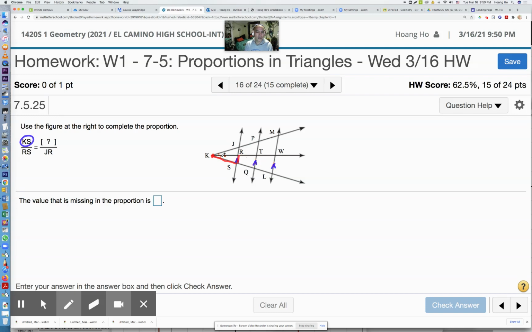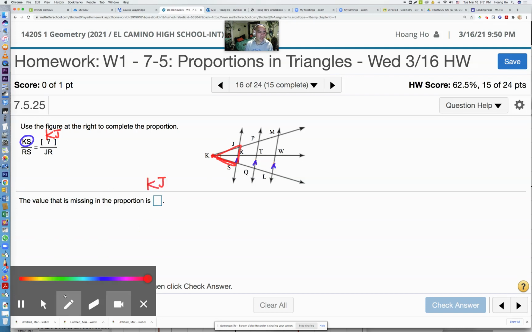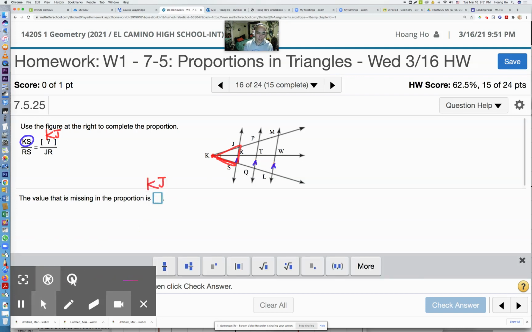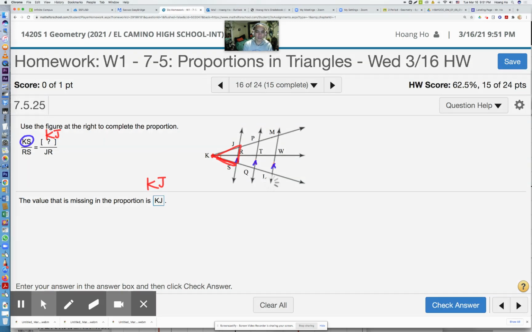You can see KS goes with KJ, and RS goes with JR. So I just put KJ over here and then I'm done. KJ, K and then J. Make sure it's capital.